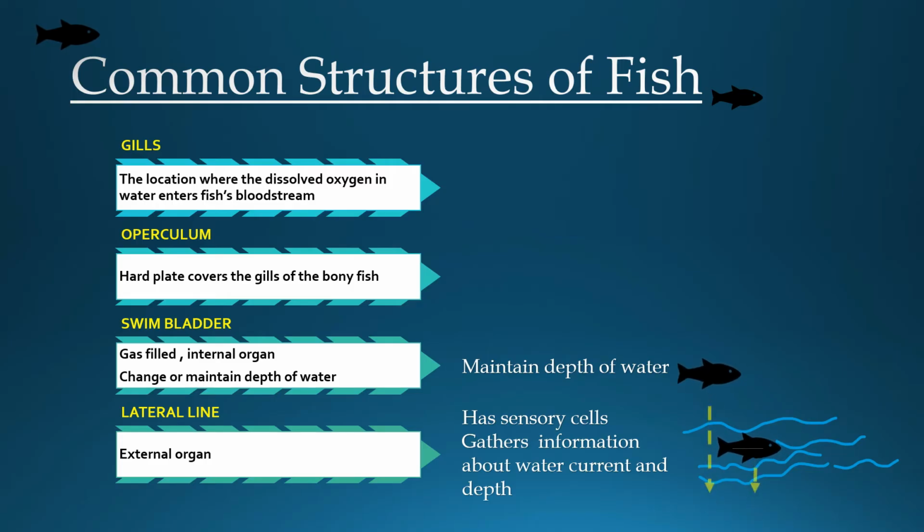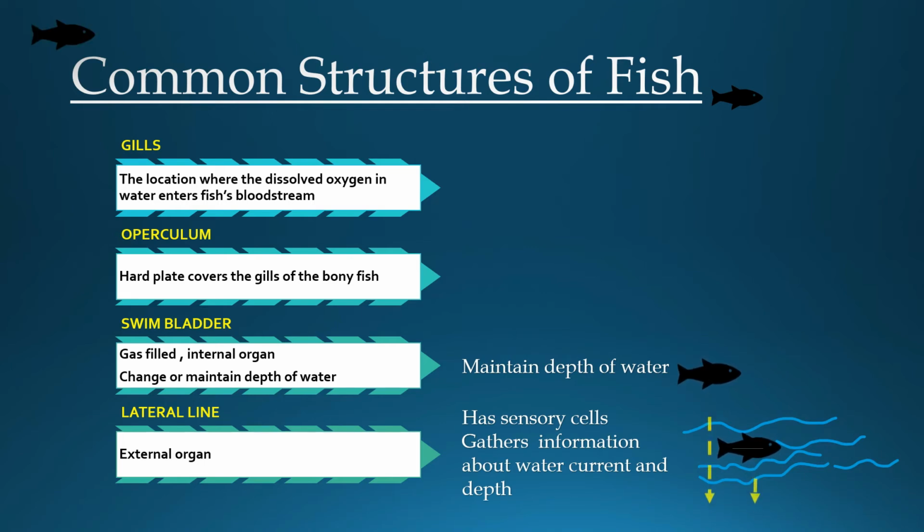Common structures of fish. We have seen different parts of the rainbow trout in particular. Now let's see some common structures of fish: gills, operculum, swim bladder, lateral line. Gills. What are gills?